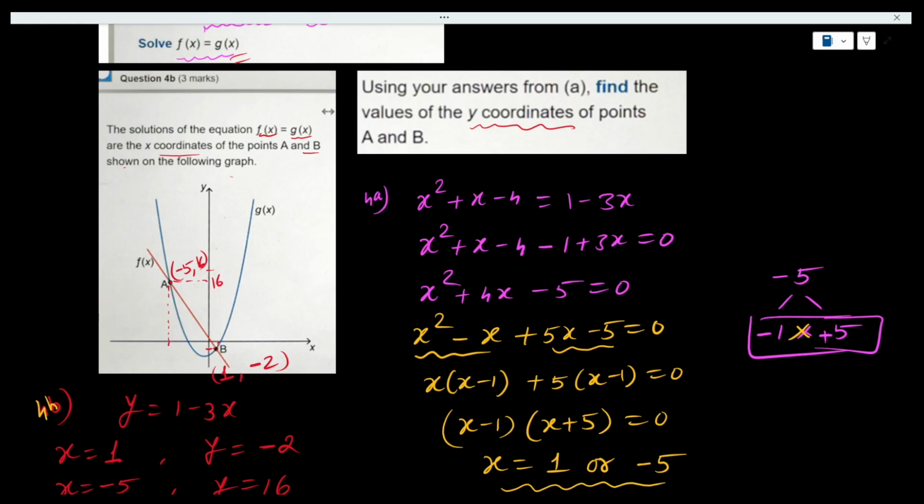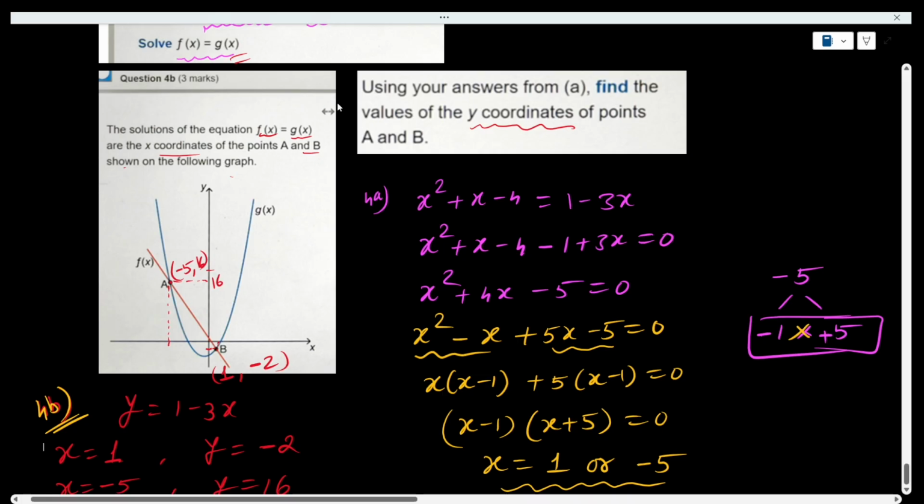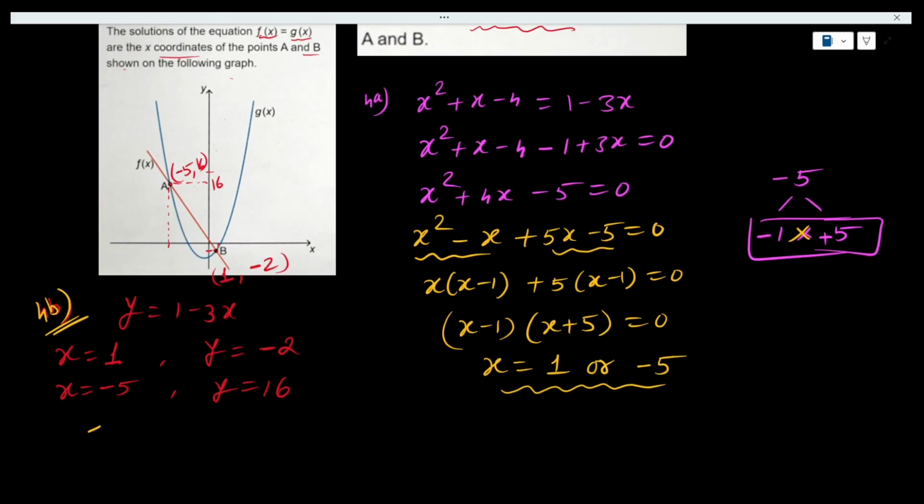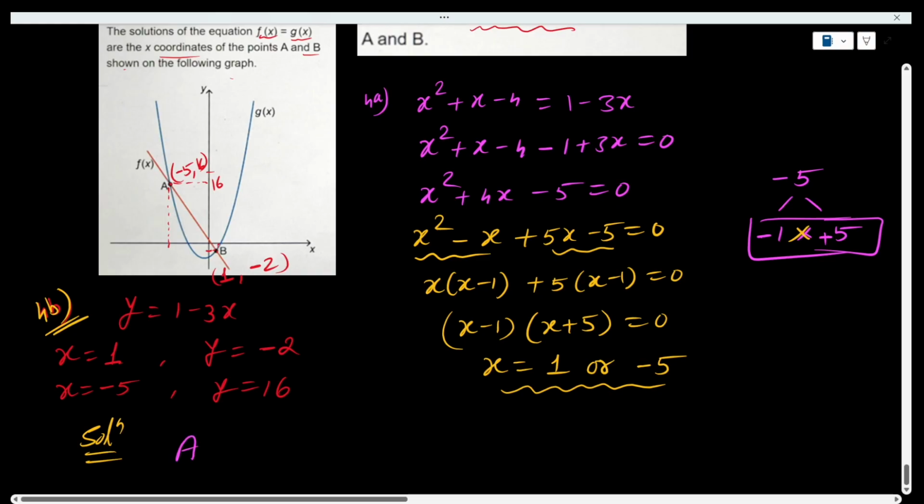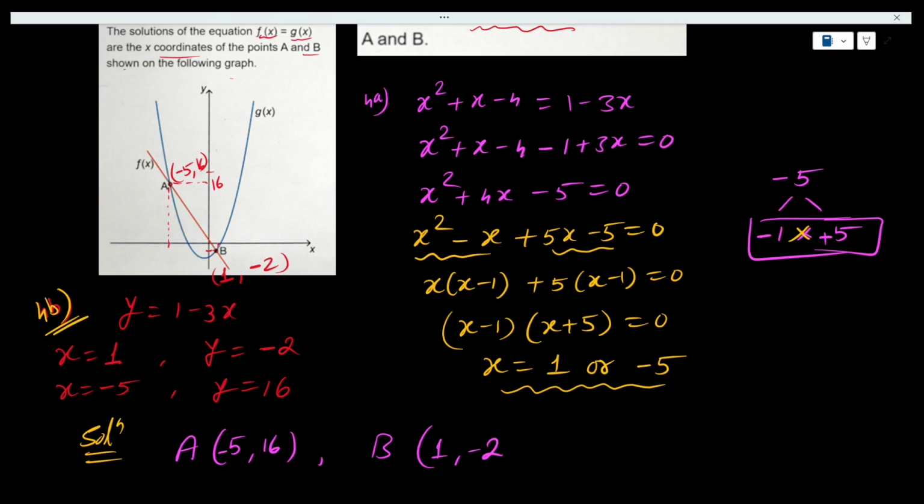X coordinates you will get in part A, and when you substitute x you will get the y coordinates. So what are your solutions? You can write here: A's coordinate is minus 5 comma 16 and B's coordinate is 1 comma minus 2. So these are the two solutions.